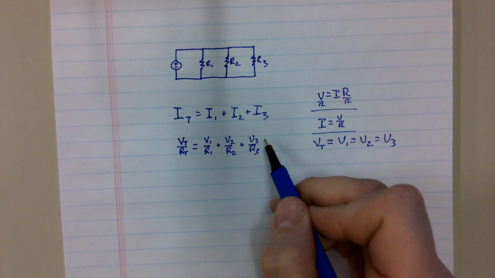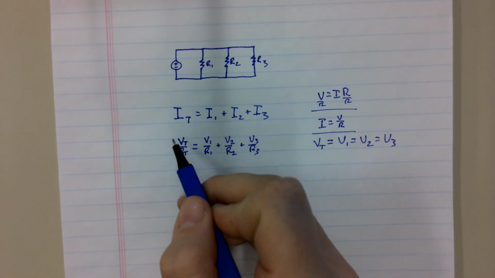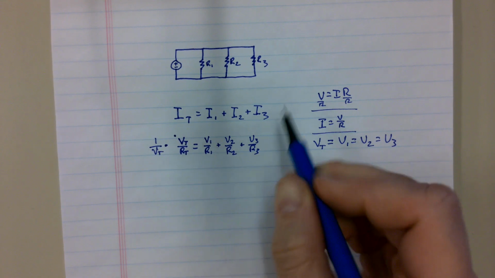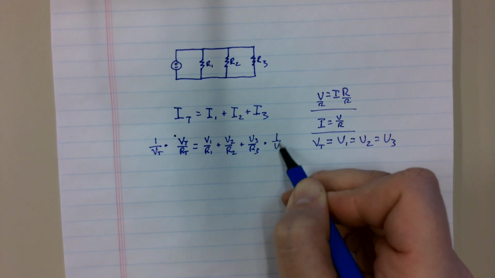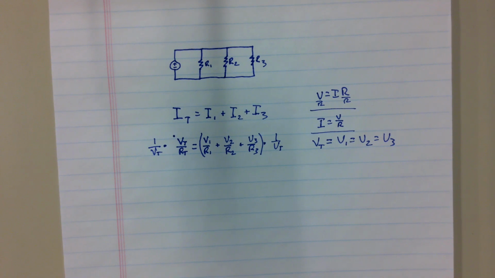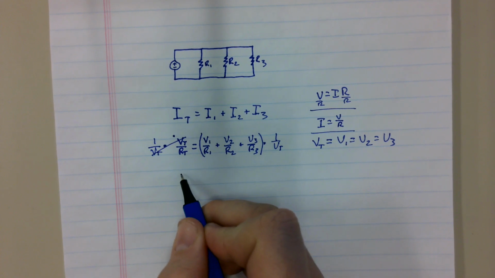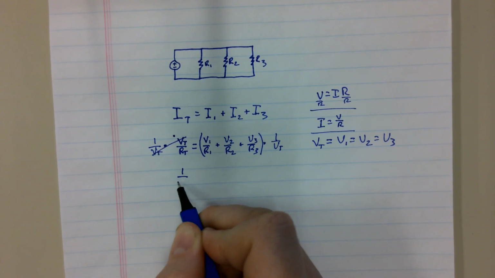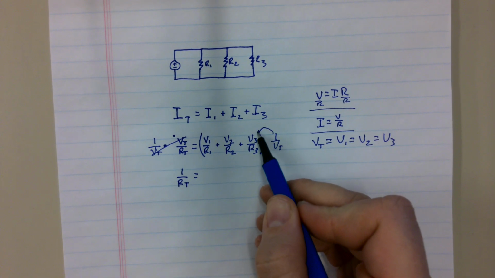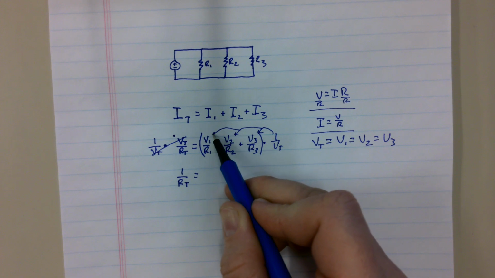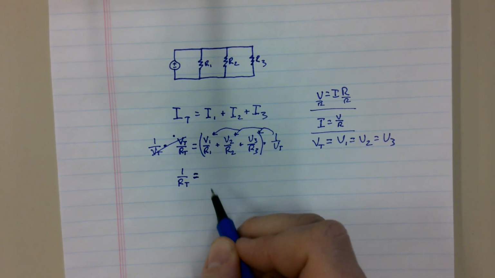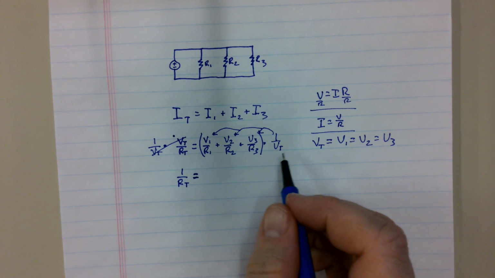So we can actually divide both sides by voltage total, like you see there. Okay, so obviously they'll cancel here, leaving us with 1 over resistance total. And then we need to distribute this to all three. So I'm going to do it and show the first one very quickly, and then I'll jump ahead with the whole expression written out.